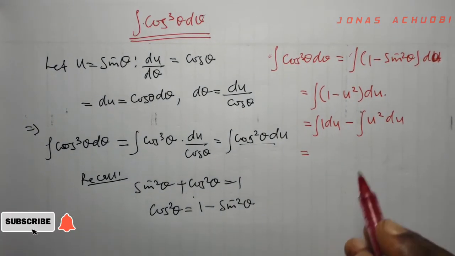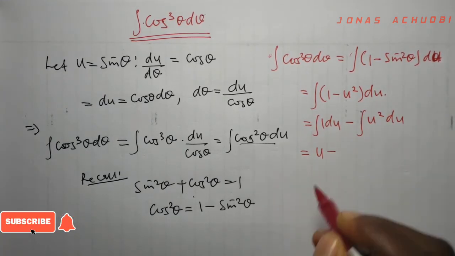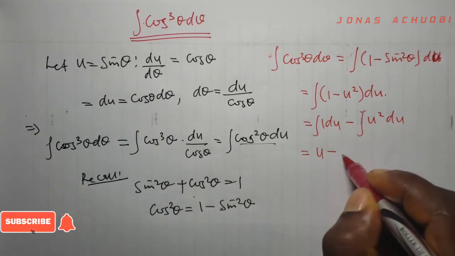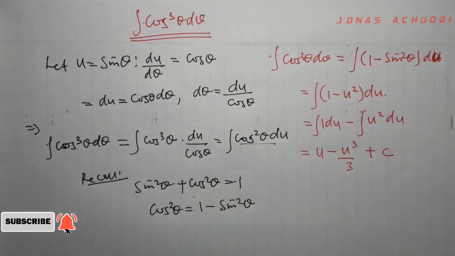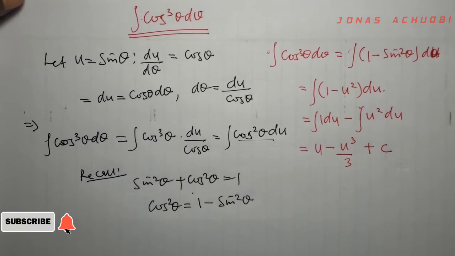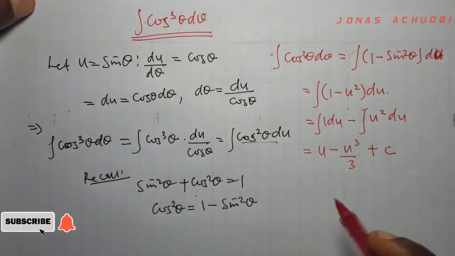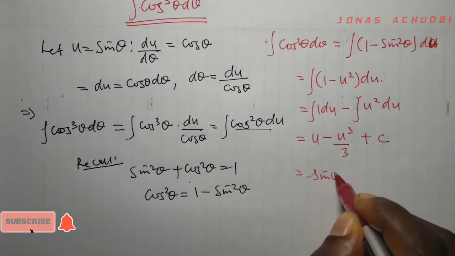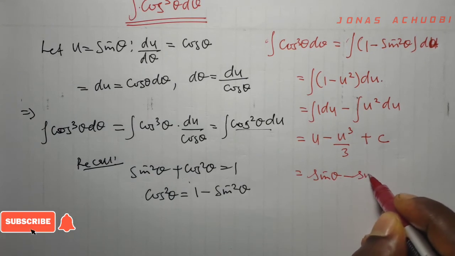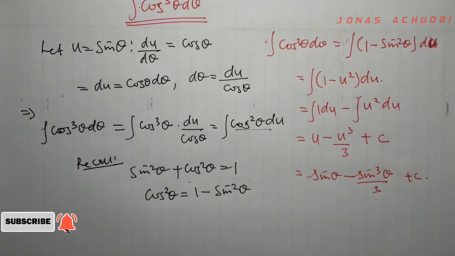If we integrate, the integral of 1 du is simply u, minus the integral of u squared, which is u cubed over 3, plus c, the constant of integration. But what is u? Our u is nothing but sin theta. So it follows that we have sin theta minus sin cubed theta over 3 plus c.